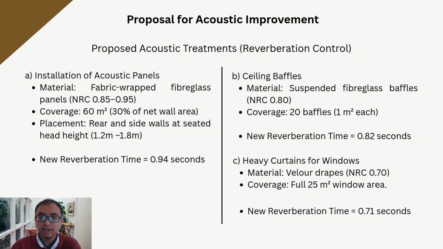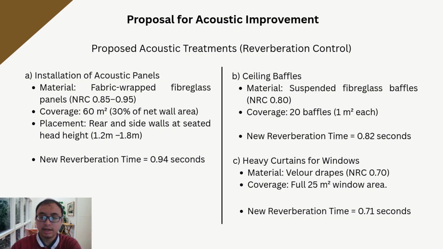Next is the ceiling baffle, where the material is suspended fiberglass baffle, where the NRC is 0.8 and coverage is 20 baffles at 1 square meter each. And the new reverberation time is 0.82 seconds.